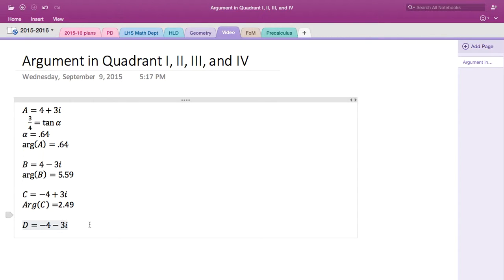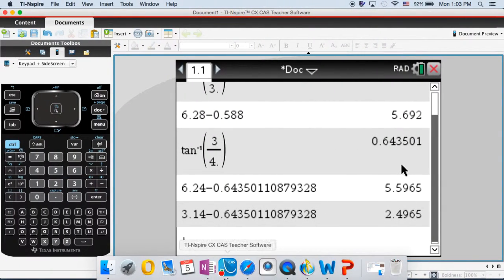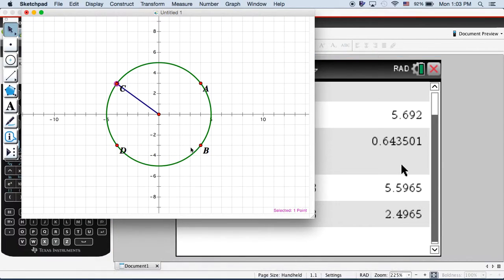How about negative 4, negative 3i? So that's the last one, in quadrant 3. We again know that the distance from negative 1, 0 halfway through to D is 0.6435. But we want to know the distance from the starting point. So we've got to add the semicircle plus 0.64 to get the argument.